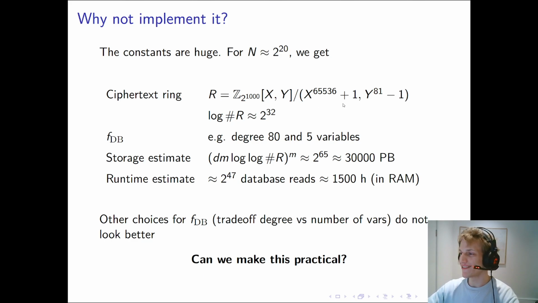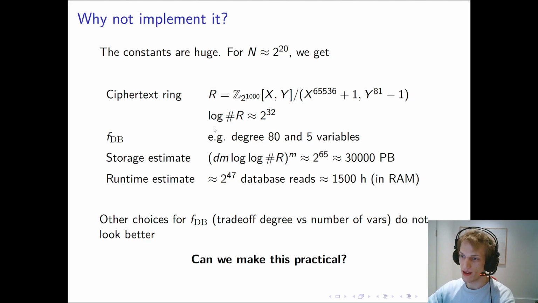As you can already see, this ring is huge. The logarithm of its size is 2 to the 32, which basically means that a single ciphertext needs about 4 gigabit, I guess 500 megabytes, but almost a gigabyte for a single ciphertext, which is huge.